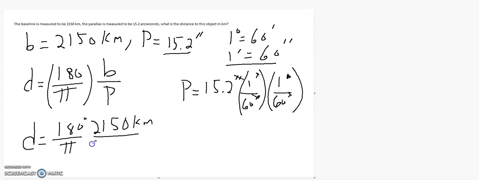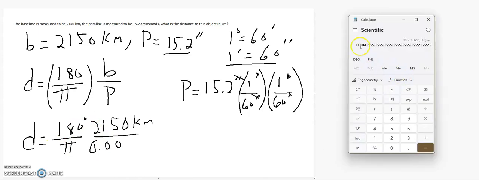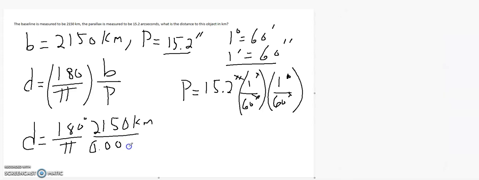It was 0.0042. Let me look at it on the calculator real quick. Well, that's already in my calculator. And of course, that's degrees as well. The degrees cancel, and that leaves you an answer in kilometers.